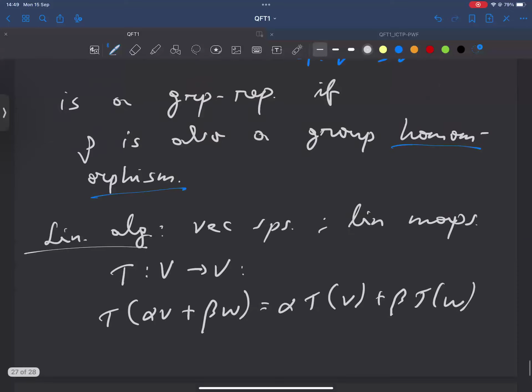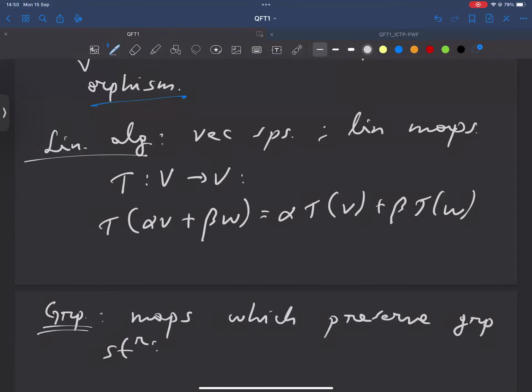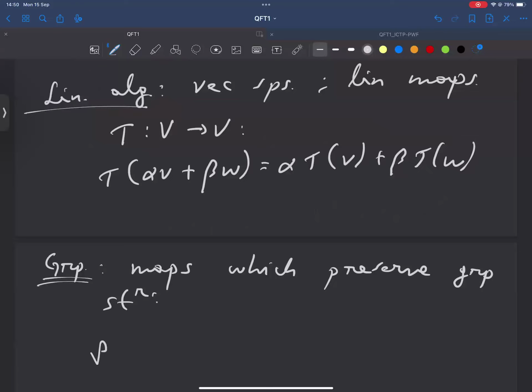Similarly, when you are studying groups, you try to find maps which preserve the group structure. Okay. So what's the group structure?